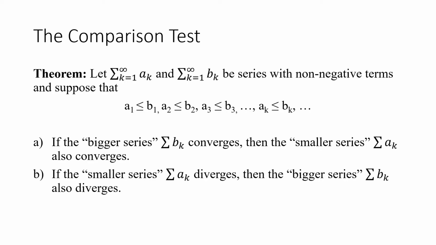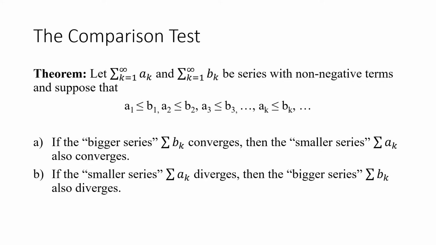Let the series of a sub k from 1 to infinity and the series of b sub k from 1 to infinity have non-negative terms, and suppose that a sub 1 is less than or equal to b sub 1, a sub 2 is less than or equal to b sub 2, a sub 3 is less than or equal to b sub 3, and so on up to a sub k less than or equal to b sub k, and so on.